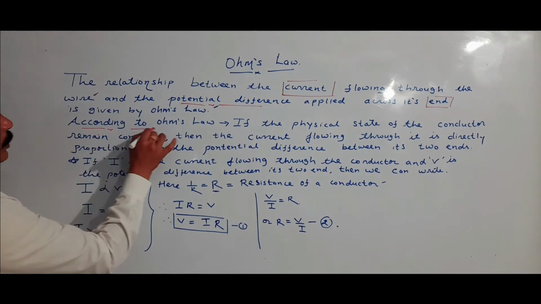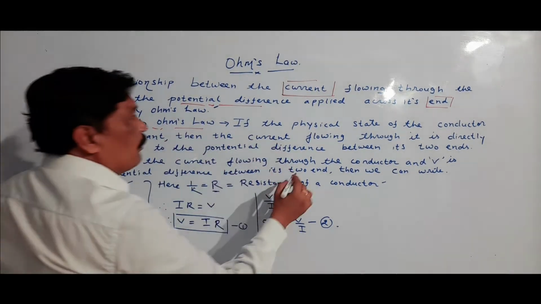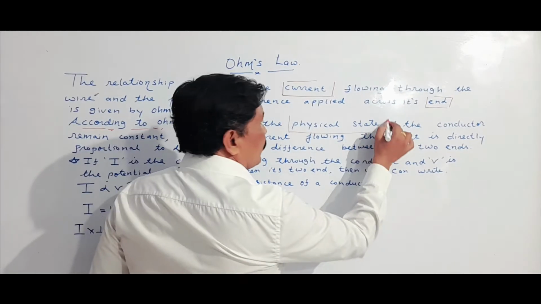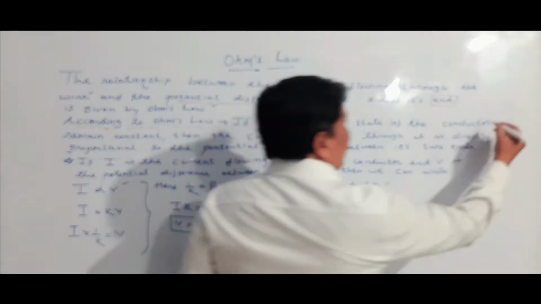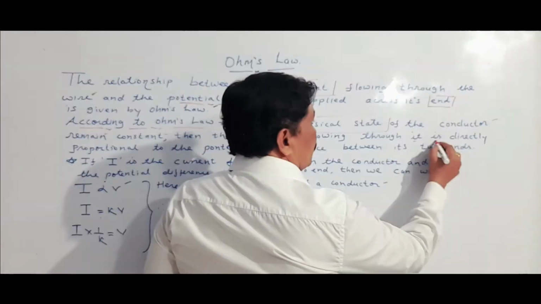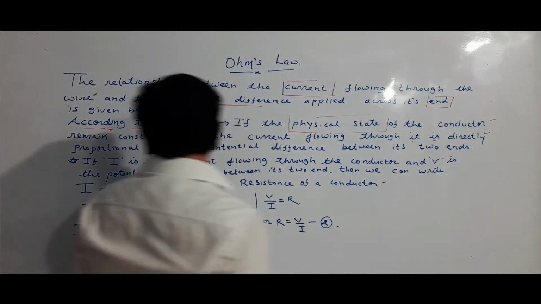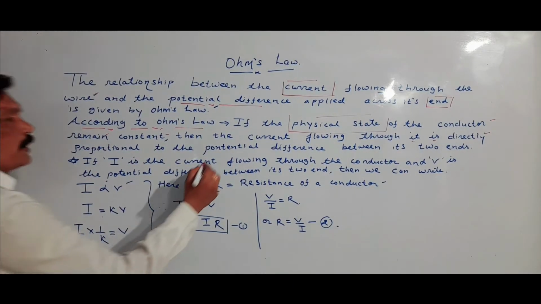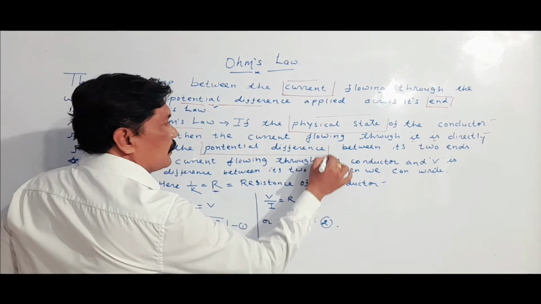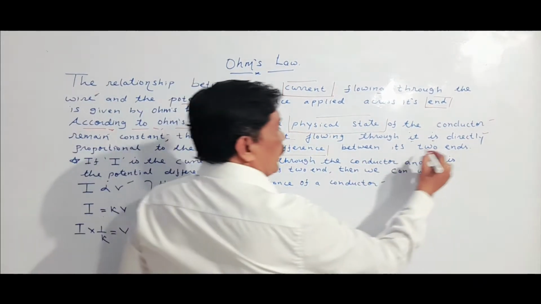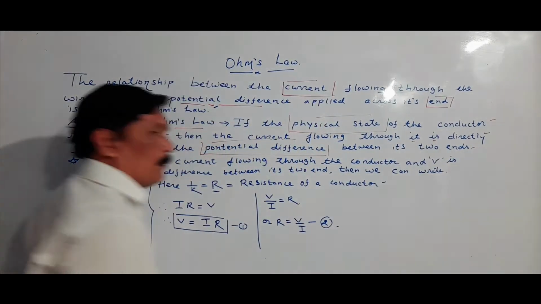According to Ohm's law, if the physical state of the conductor remains constant, then the current flowing through it is directly proportional to the potential difference between its two ends.